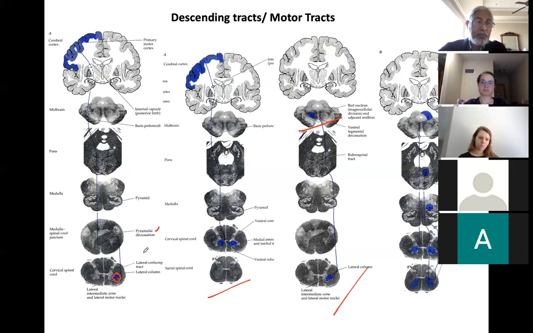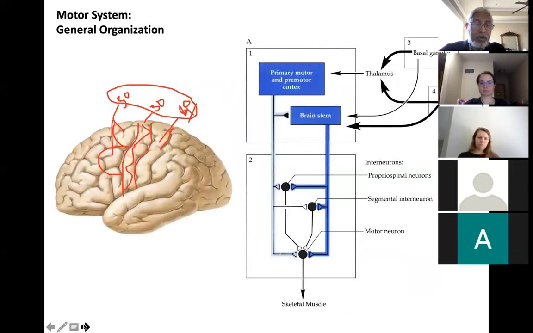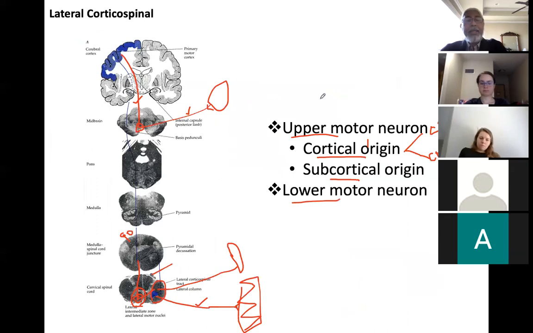So now let me go back. We are done actually. I just want to make sure that you got the upper motor neuron, lower motor neuron things right. So if we go back to this one, we said we have upper motor neuron and lower motor neuron, two types, right?